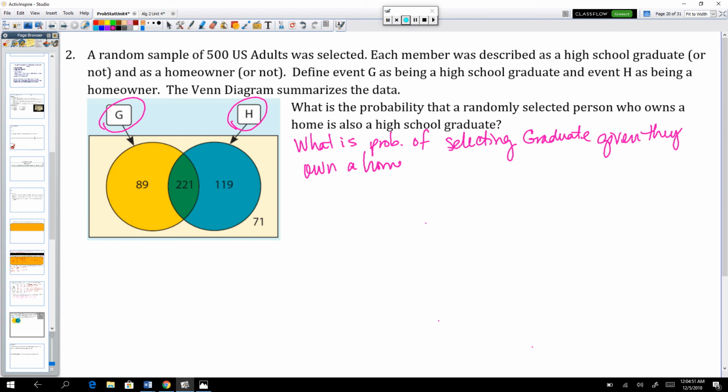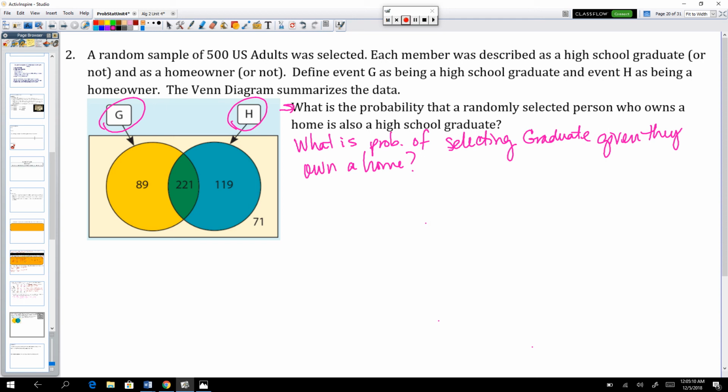Okay. So my apologies for how this is phrased. What's the probability that a randomly selected person who owns a home is also a high school graduate? That's not always the clearest way. So you should read that statement as, what is the probability of selecting a graduate given they own a home?